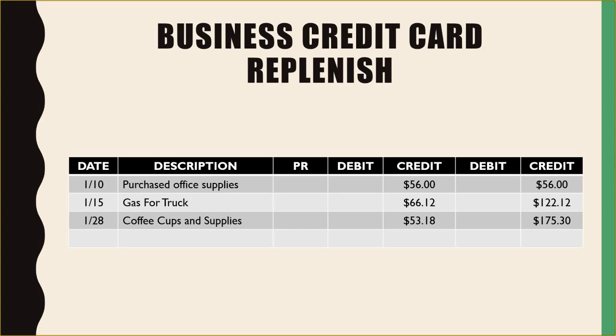So let's take a look. Well, how come in my register it says that I only have $175.30? Because this is what you charged on your credit card. You didn't put in interest. Interest is a separate payment from the actual liability itself. So you have to remember that.